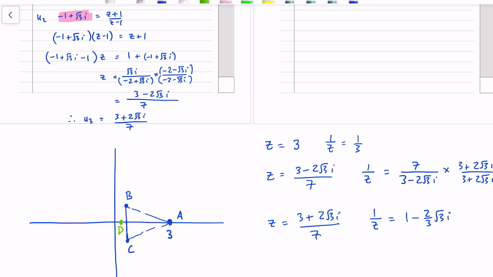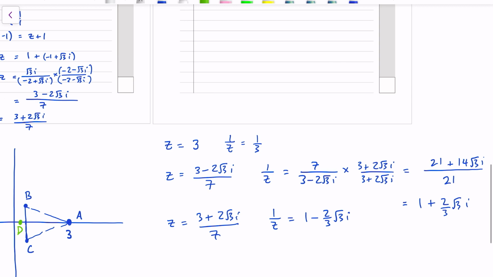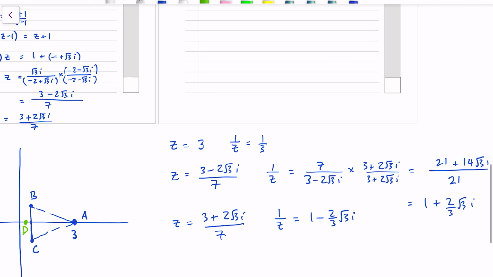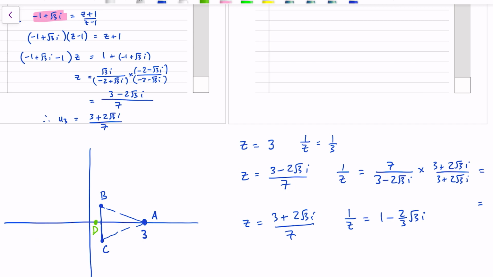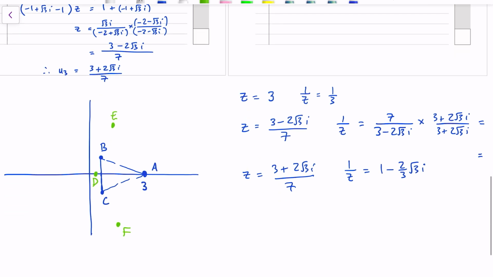So we want a real part of 1 and we want an imaginary part that's 1.15. So somewhere, I guess about there. And then 1 directly below that. Something like that. Alright, so that's another triangle. Close enough.